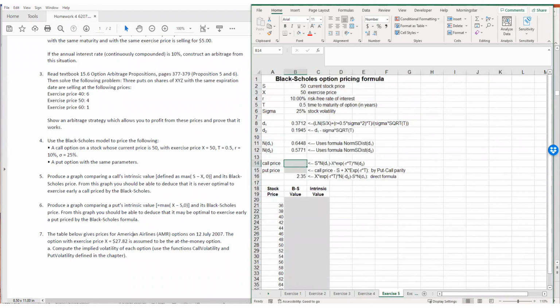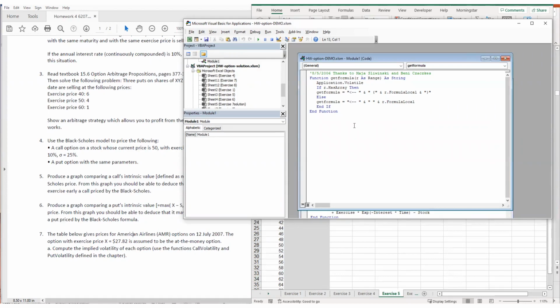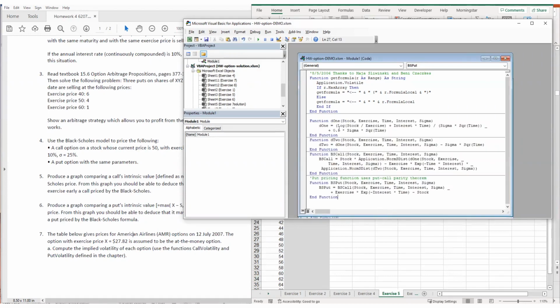I'm going to use the user-defined function to calculate it. I'll just copy the user-defined function for Black-Scholes call price and Black-Scholes put price. The first element to input is the stock price, second one is exercise price, third one is time, fourth is interest rate, and the last one is volatility.